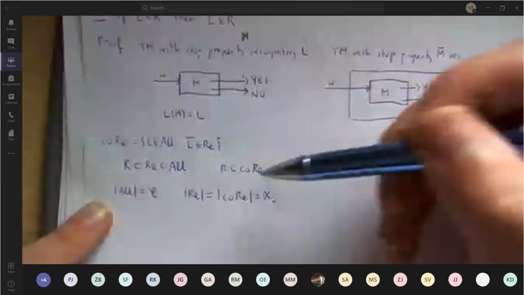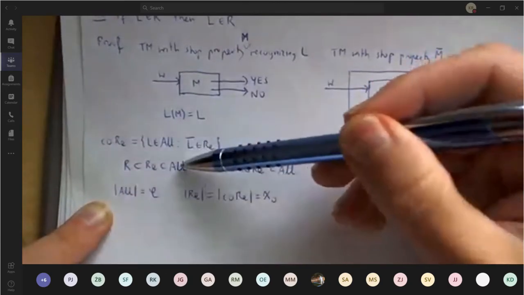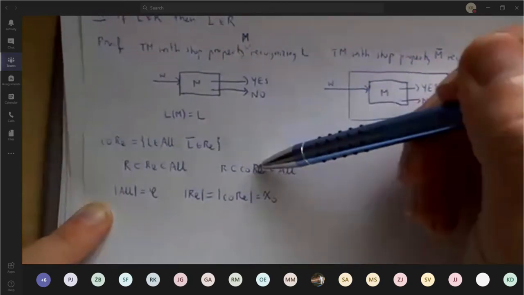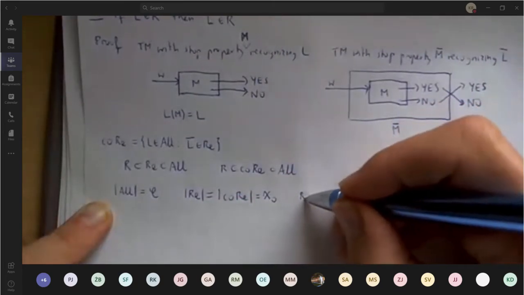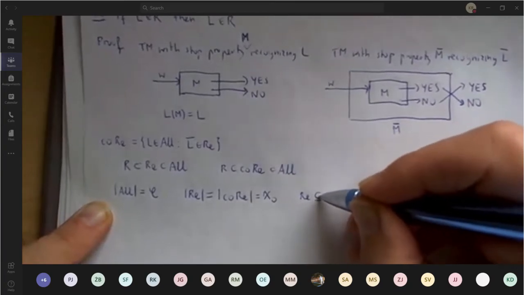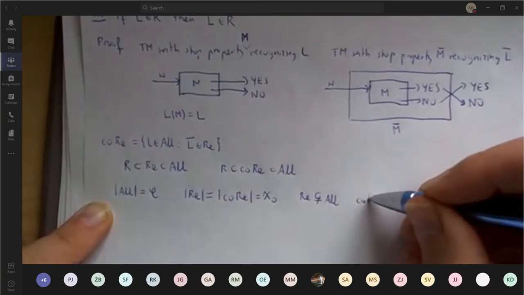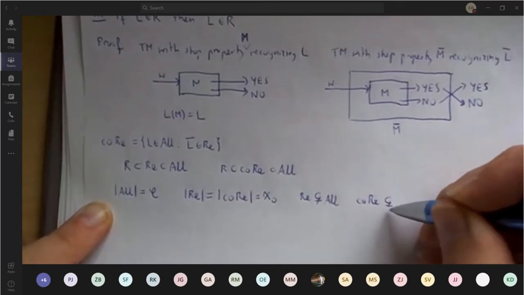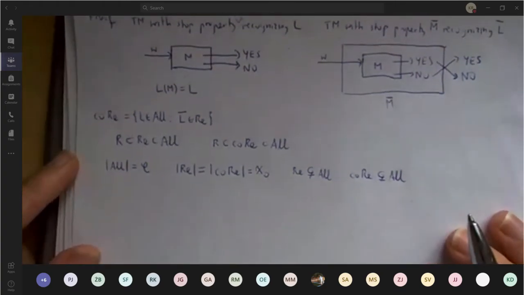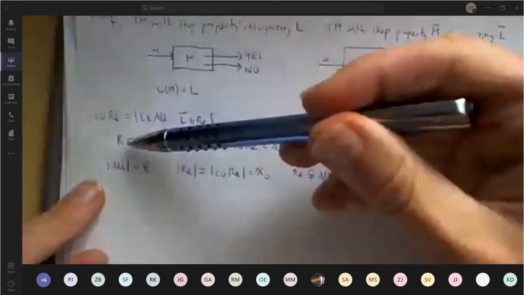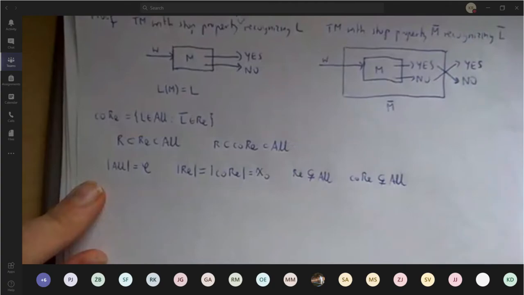So of course, these inclusions are proper because there are more languages here than here, and there are more languages here than here. So we know from these simple observations that these inclusions are proper. Our goal is to show that these inclusions are also proper. And we will show it in a moment.